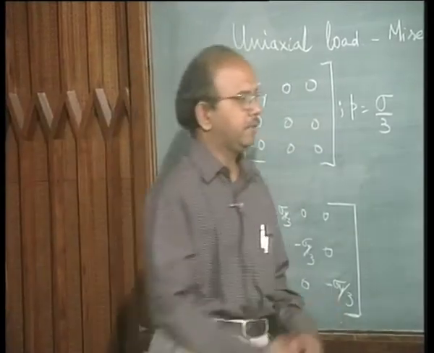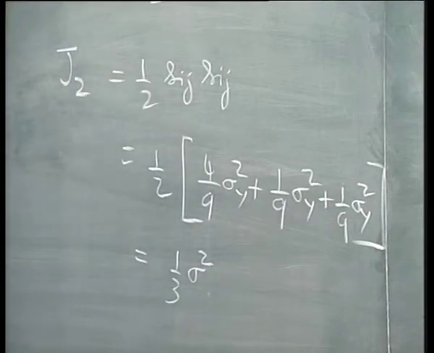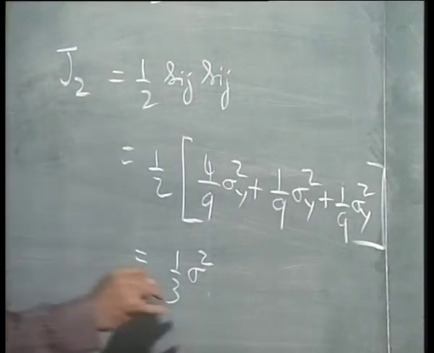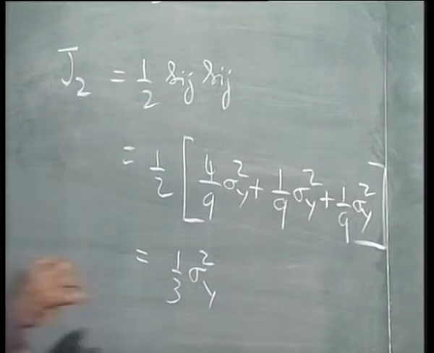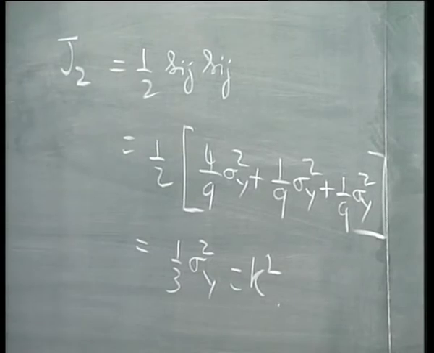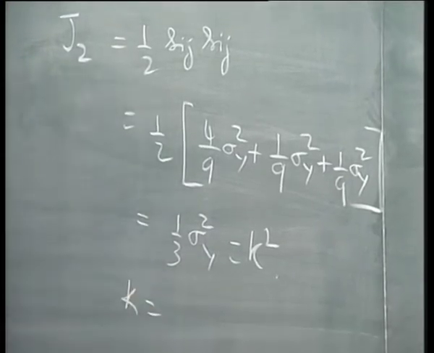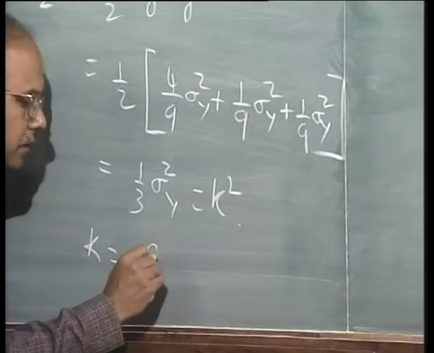Hence I get J2 to be sigma y squared by 3. What should that be equal to? k squared, and hence k is equal to sigma y by root 3.